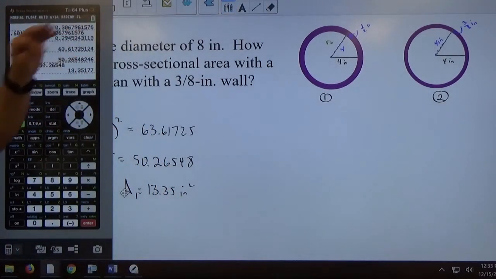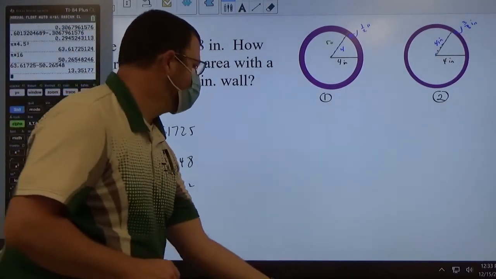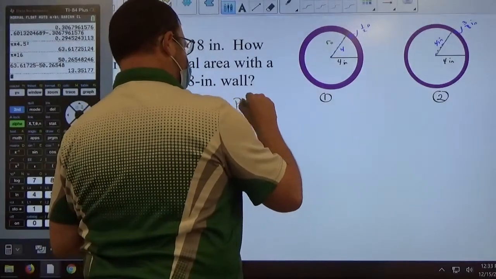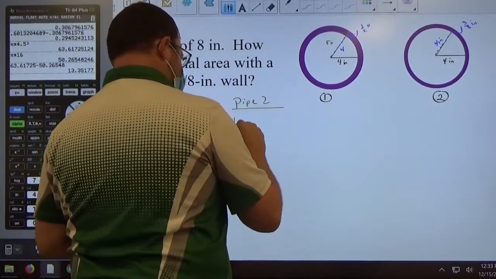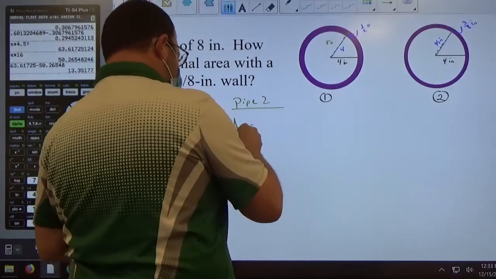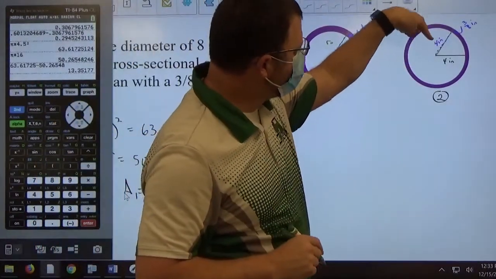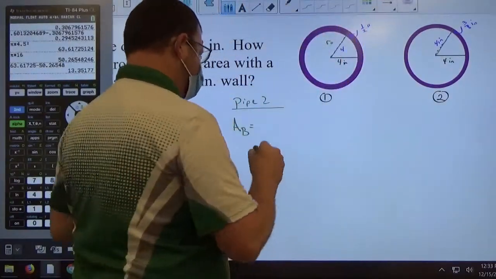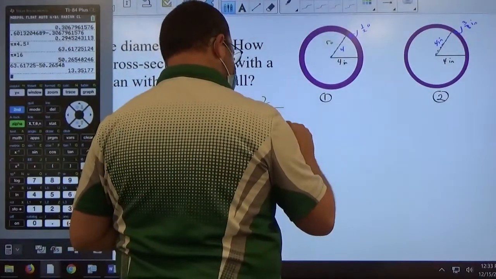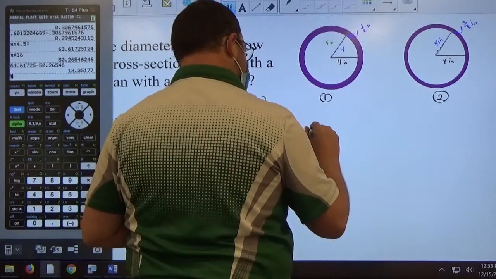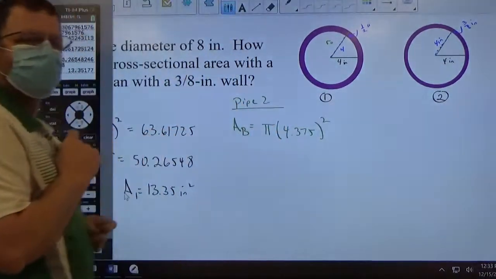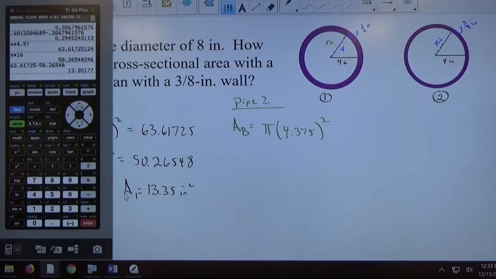If we move on to pipe 2, the bigger area, this radius is 4 plus 3/8. If you memorized your eighths like you're supposed to a few chapters ago, 3/8 is 0.375.